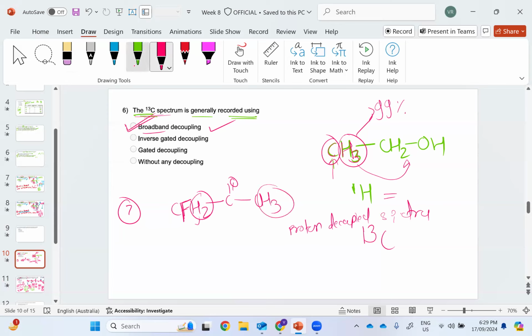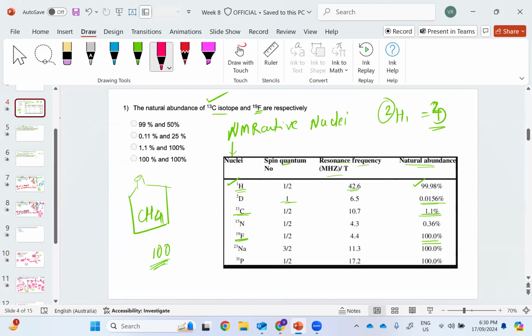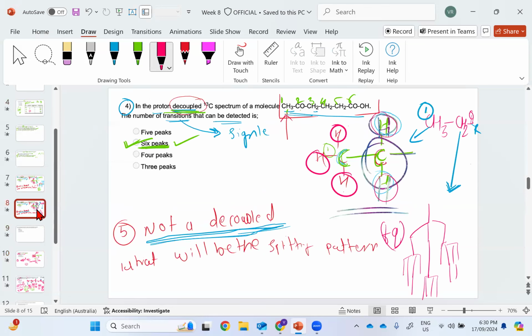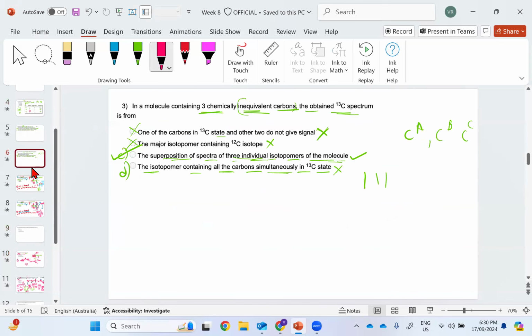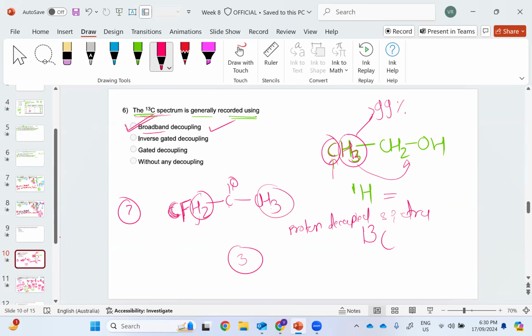So it will show 1, 2, 3 signals. But if you look at this carbon which is attached to the fluorine, the fluorine has spin one half, as we have already seen. So because of one fluorine, it will show a doublet. This carbon signal will be split into two lines because of the fluorine, and we will get a doublet for this carbon. But a singlet for this carbon, also a singlet for this carbon.